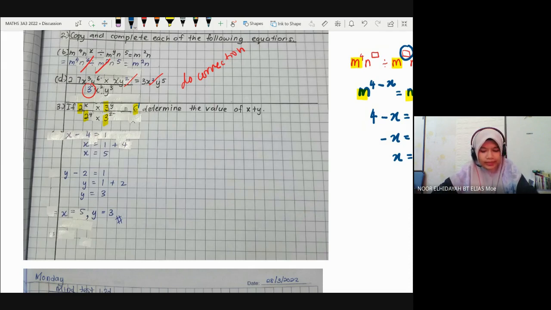Okay, cikgu tengok dulu apa yang kawan awak dah buat di sini. x minus 4 equals 1. Okay, tak apa. How to solve this one?